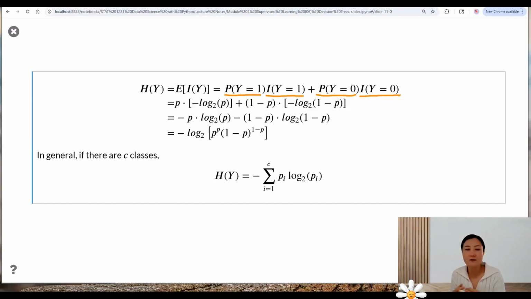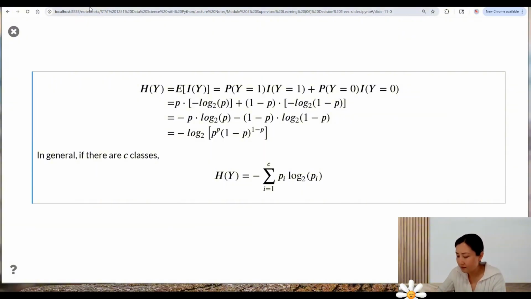Anyway, they are complementary events. Then we can measure their information gain separately using the individual probabilities that each occurs, which are P and 1 minus P. Then we can summarize the result and get this formula.